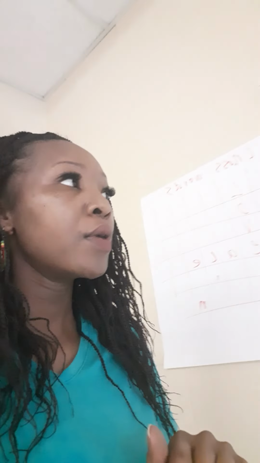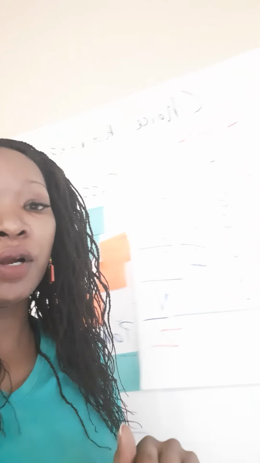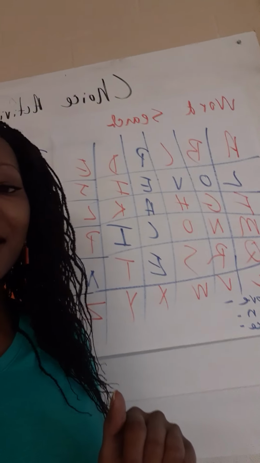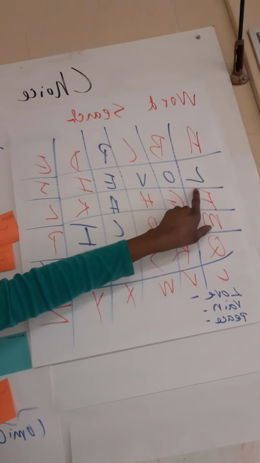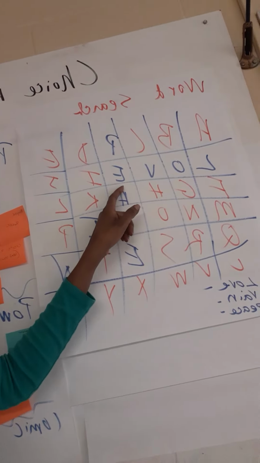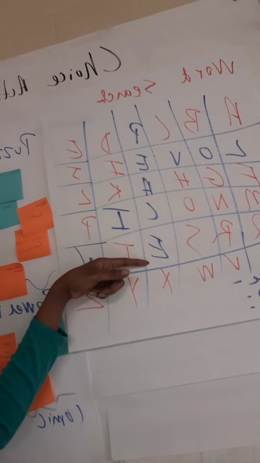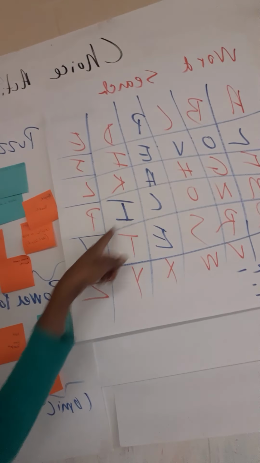Okay? Use the words in context. How did you see that word in the document that you received? Now, if you're going to do a word search, you also begin by putting the words in first. So you can see my words here. Love, peace, vain.